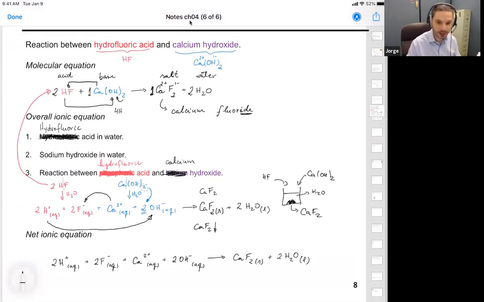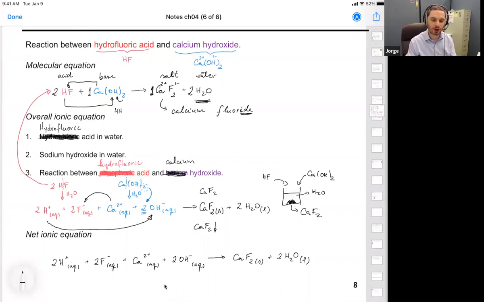Okay, so again here, HF reacting with calcium hydroxide, it's going to produce salt and water. Okay, so remember that the hydrogen is going to combine with the hydroxyl, producing water right here, and calcium is going to combine with fluoride, producing CaF2.